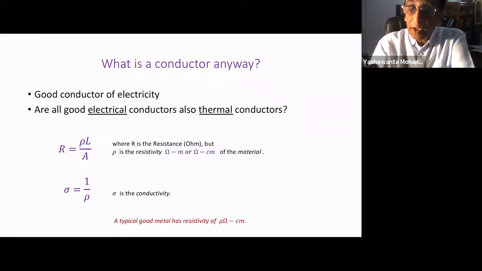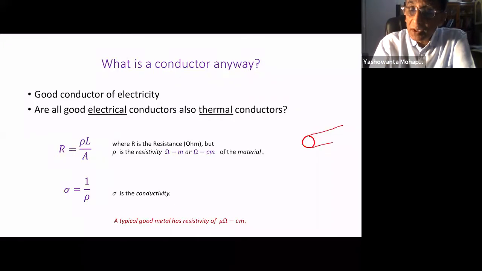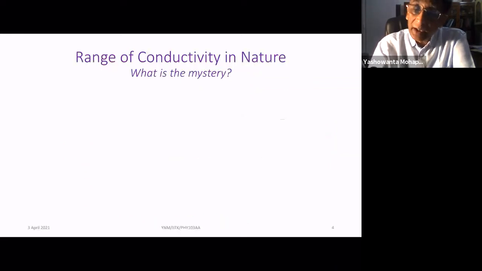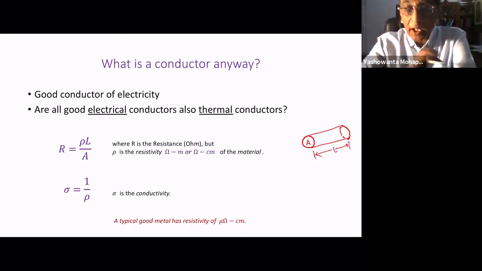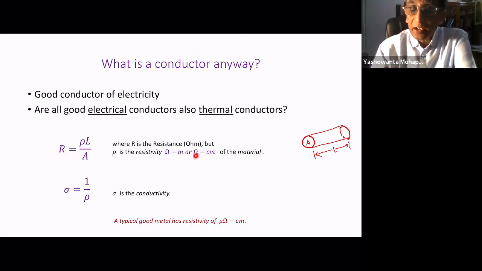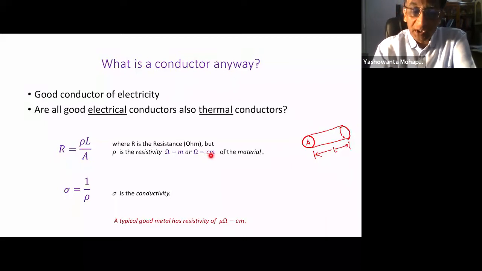Suppose I have a tube of area A and length L. Then the resistance would be rho L by A, and we normally measure resistivity in ohm meter, or more commonly in this area, in ohm centimeter.